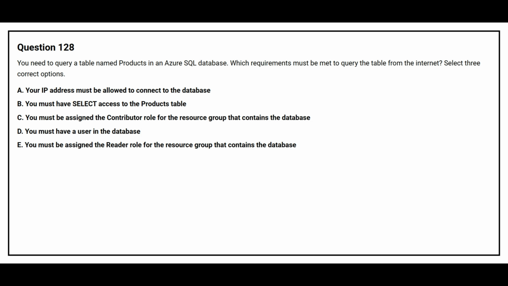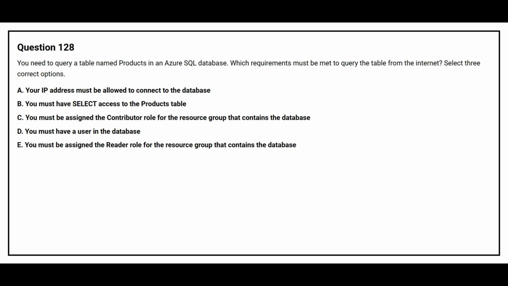Question number 128. You need to query a table named products in an Azure SQL database. Which requirements must be met to query the table from the internet? Select 3 correct options. Option A. Your IP address must be allowed to connect to the database.